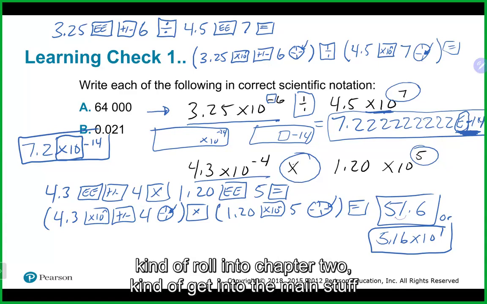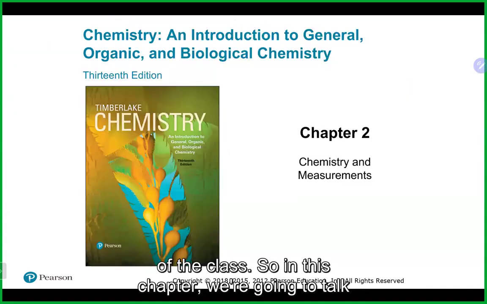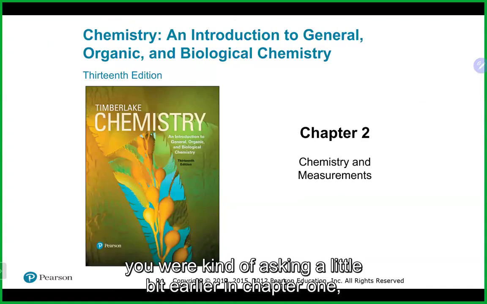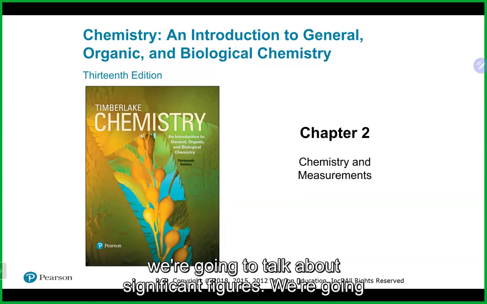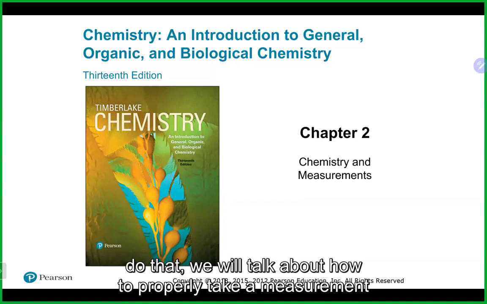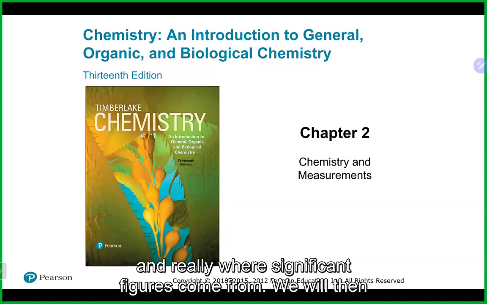So we're going to kind of roll into chapter 2, kind of get into the main stuff of the class. So in this chapter, we're going to talk about measurements and really get into some of those questions you were kind of asking a little bit earlier in chapter 1. We're going to talk about significant figures. We're going to talk about calculations with significant figures. Before we do that, we will talk about how to properly take a measurement and really where significant figures come from.